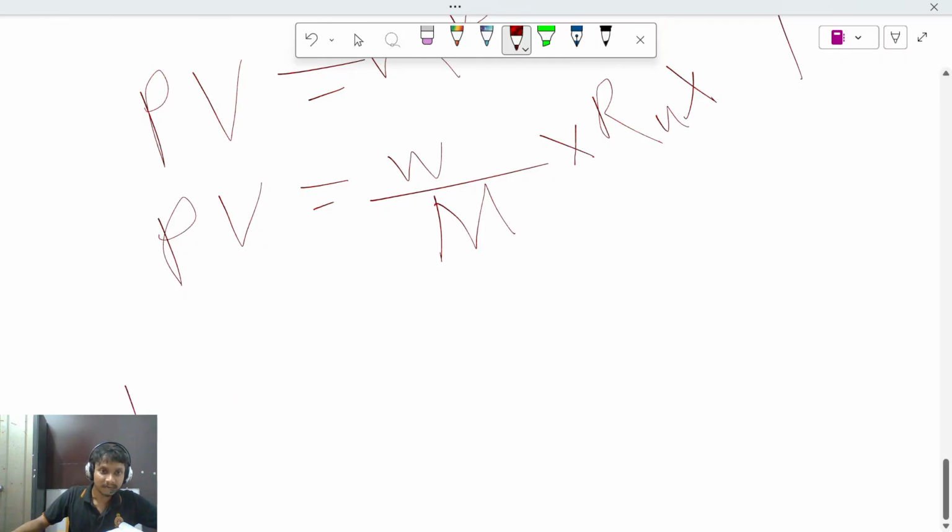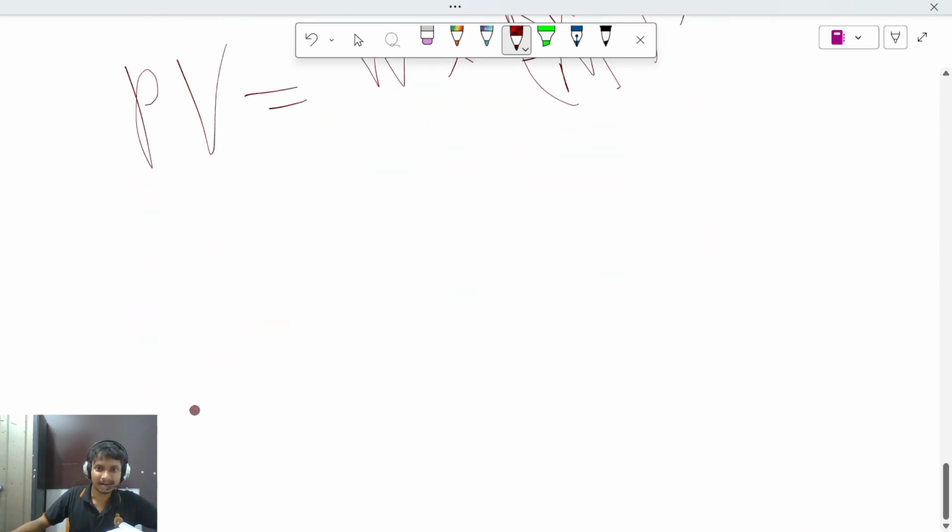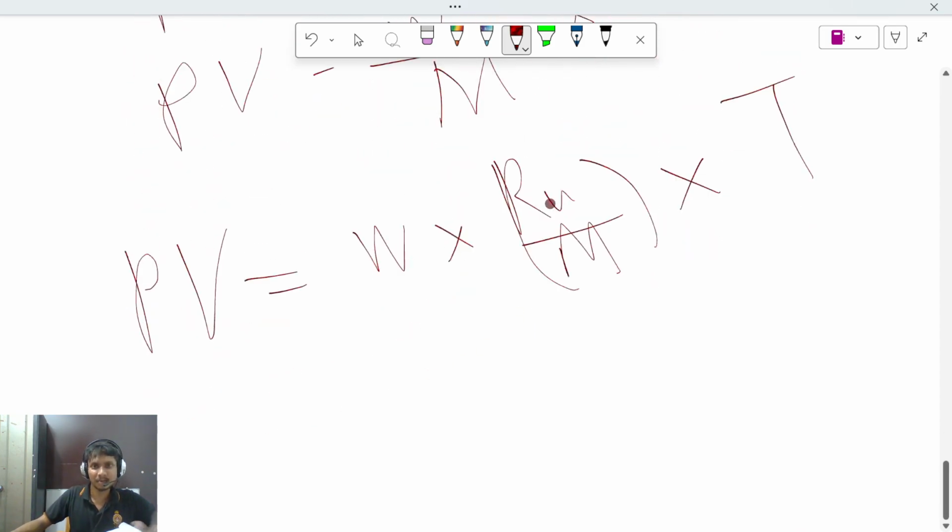We already discussed that PV is equal to W into RU by M into temperature in Kelvin. I move this M under the RU as the denominator of RU. I didn't change any equation, I just moved the M here.